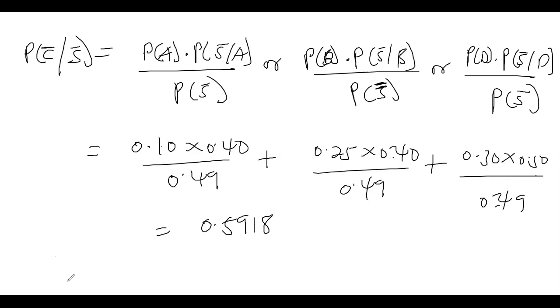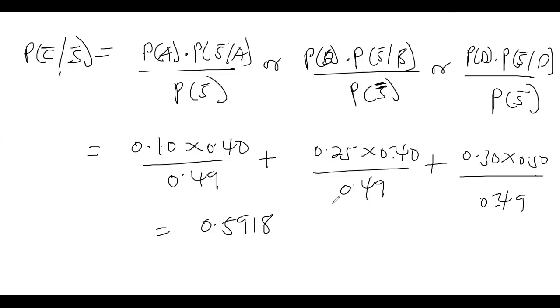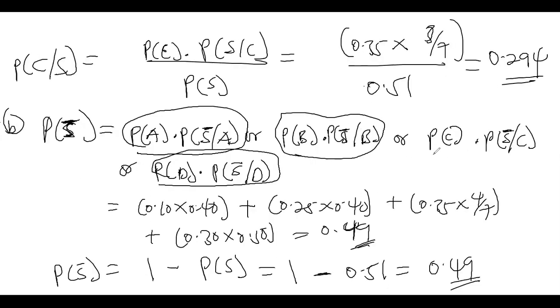Now, the other way we could have approached this is that the question said he wants to invest in a firm that has not increased the share price. Of course, for a firm that has not increased its share price, the total possible outcome is 0.49, as we already established. Find the probability that it is not a 3-star. So we could have found the probability that it is a 3-star and then subtracted the answer from 1, which will give us not 3-star. We are finding the probability that it is a 3-star given that it has not improved the share price, which means the 3-star term would now be the numerator.